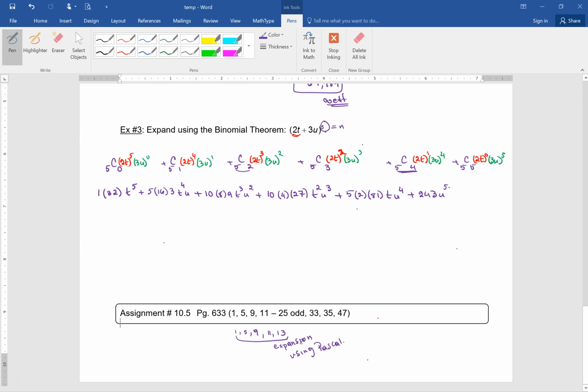And then if we just simplify a little bit, we get 32 t to the 5th plus 15 times 16 is what we said? 240 t to the 4 u plus 8 times 9 is 72, so 720. Okay, so this one now, 40 times 27, 1080, right?